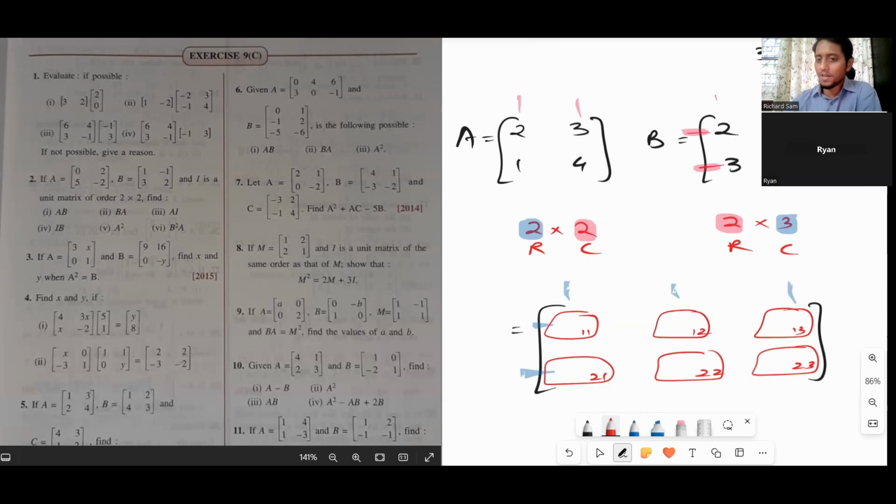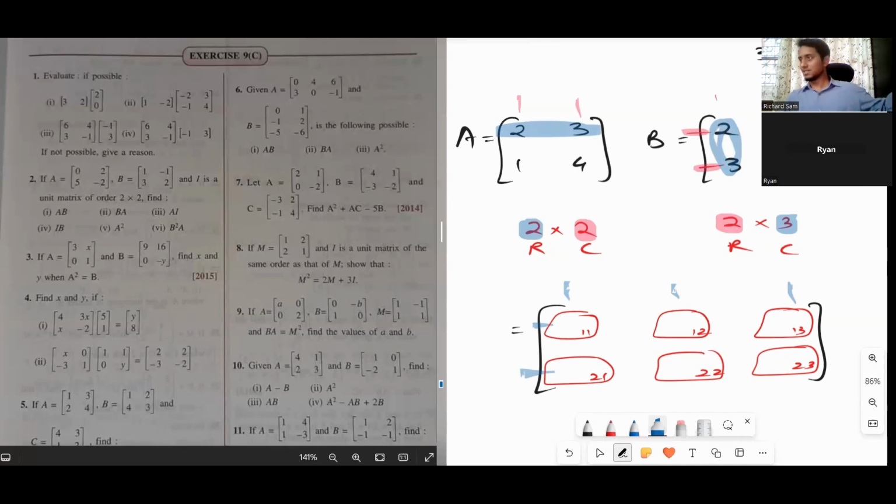So now, to get the answer here at 1, 1, it means first row into first column. To get this 1, 2, you have to look at first row and second column. To get 1, 3, you have to look at first row and third column.